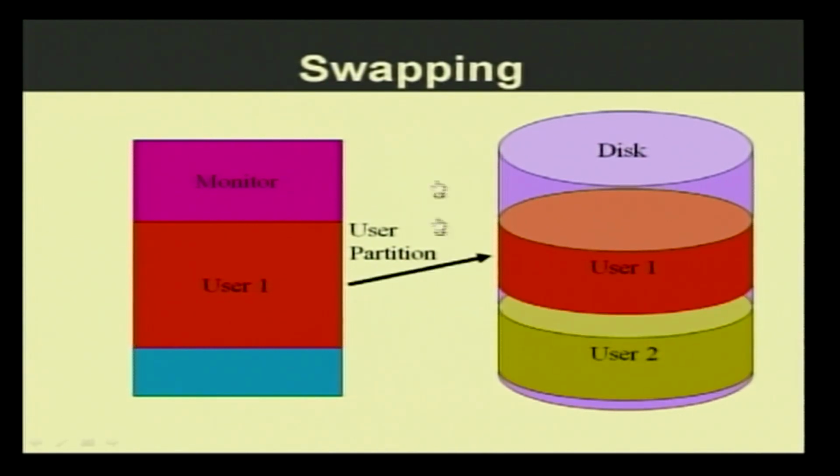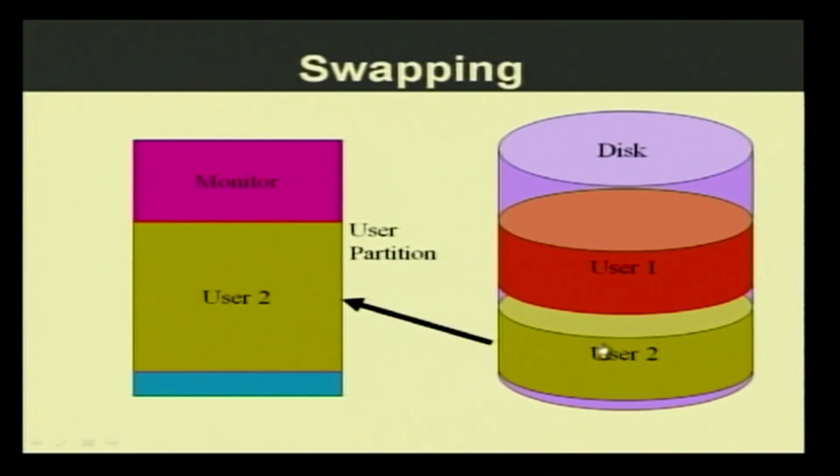Now if there is another higher priority process called user 2 which is coming for execution, the user partition moves the lower priority process user 1 back to the backing store or secondary storage, and loads user 2 and continues the execution.